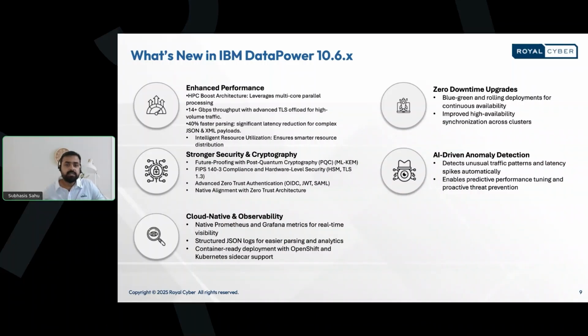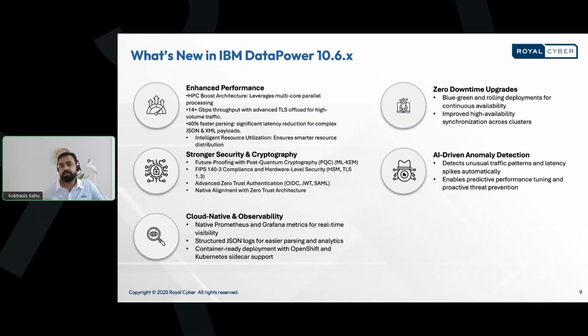Zero trust architecture authenticates and authorizes each of the users, devices, and applications, for each and every transaction. This removes any possibility of attack that can happen within the restricted perimeter or within that demilitarized zone. DataPower is also available as a containerized image right now. It can just run as a microservice.